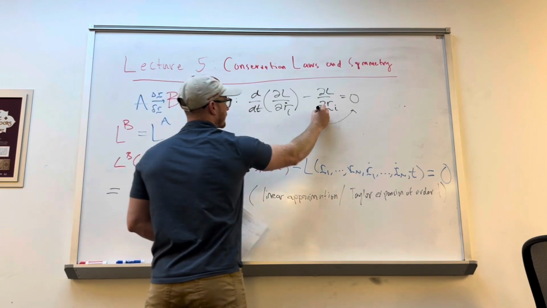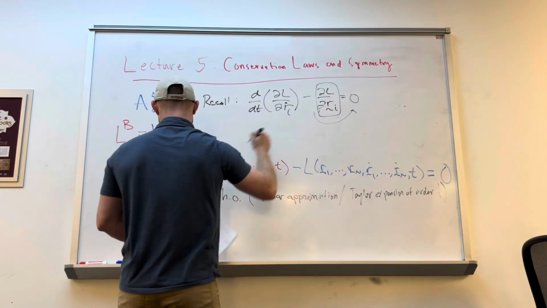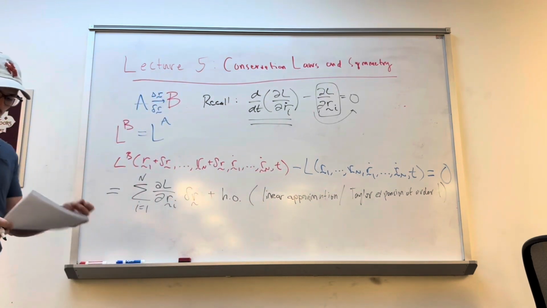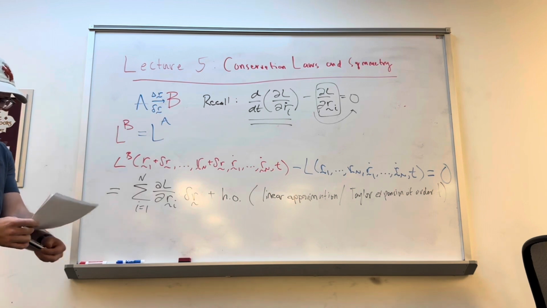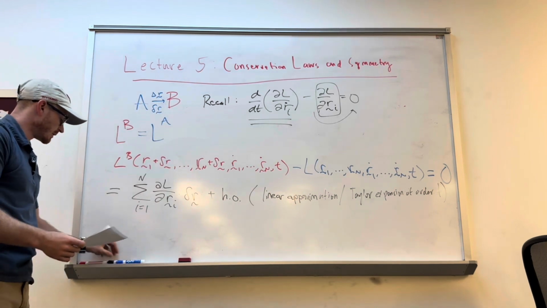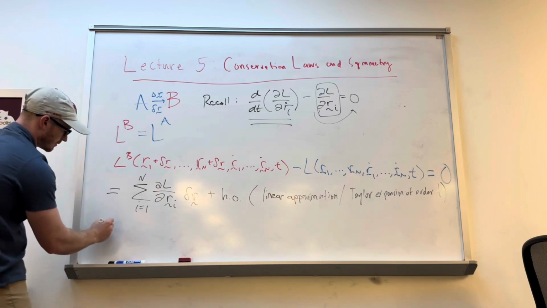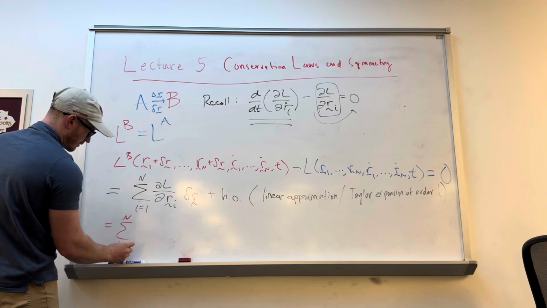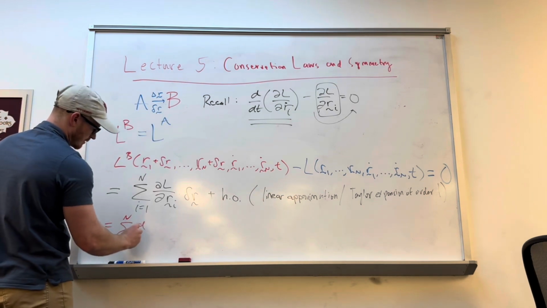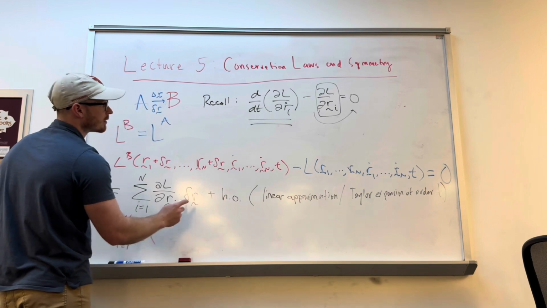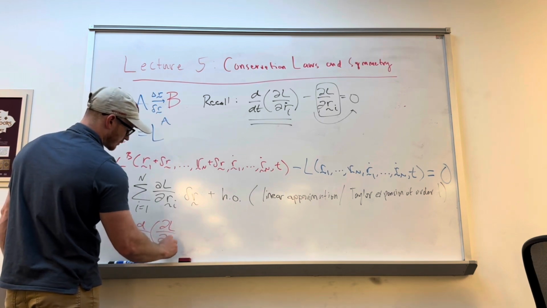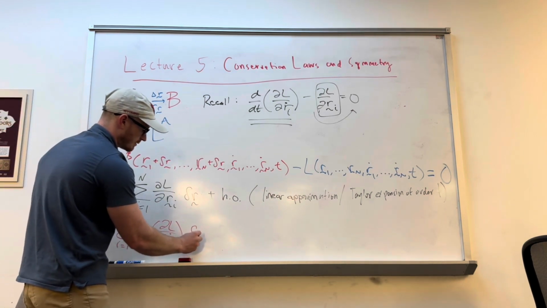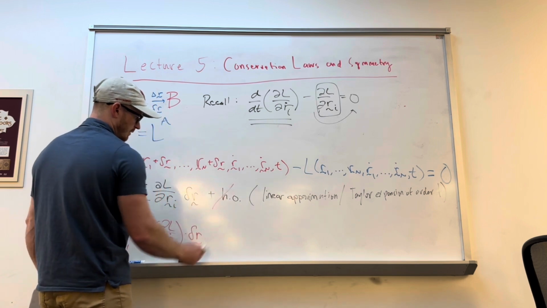That is right here, so we're going to substitute in this one. So this is just going to be equal to the sum, i equals 1, of d dt of partial L partial Ri dot delta R, and we're going to ignore the higher order term.